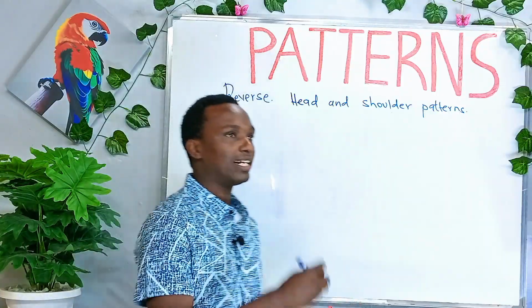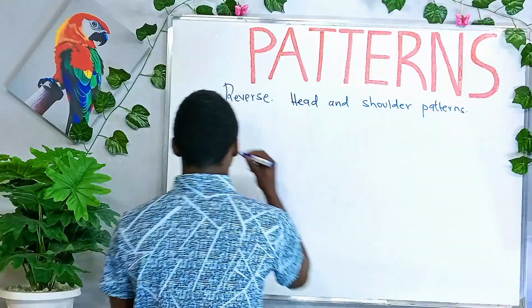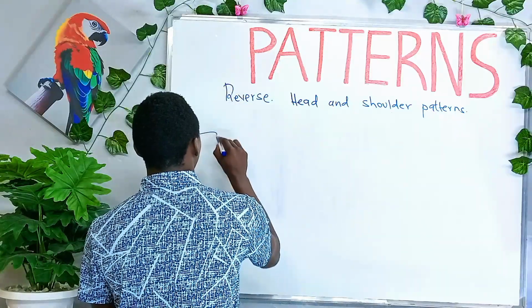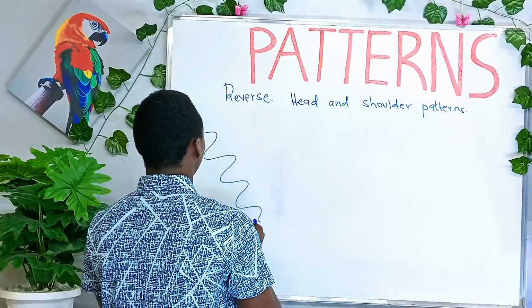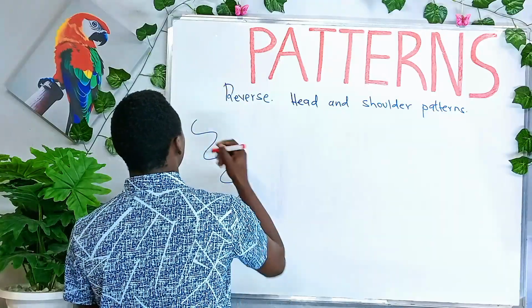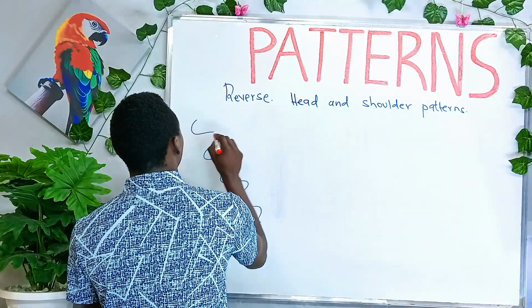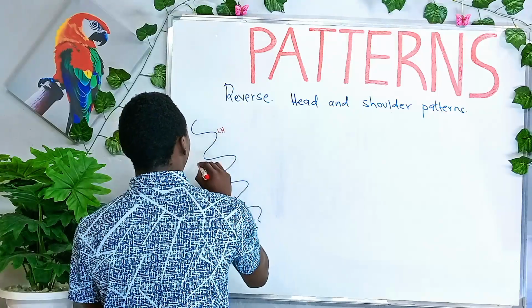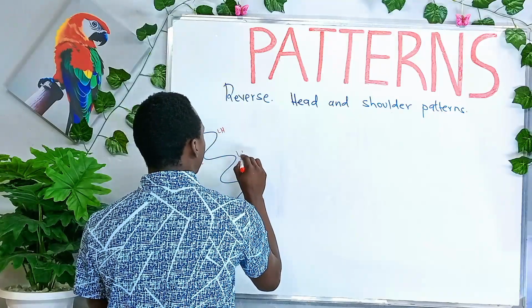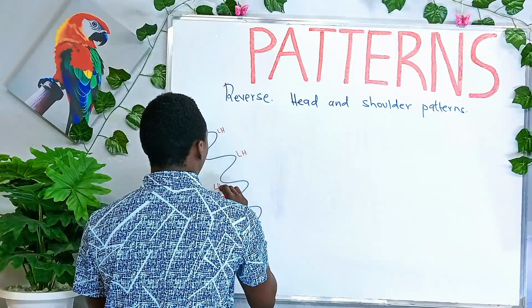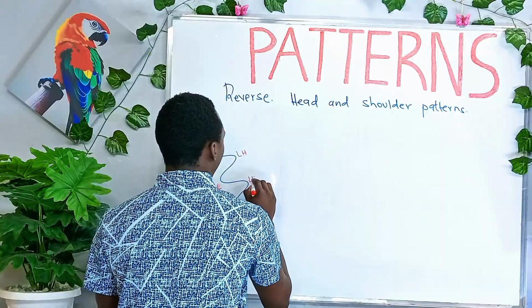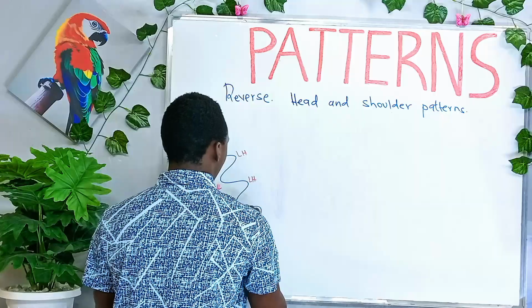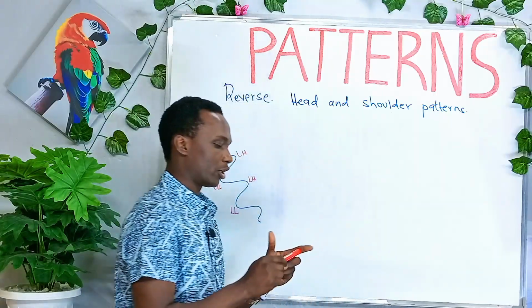Okay, so let us say that the price was in a downtrend, moving like this, forming some lower highs and lower lows. All right, good.